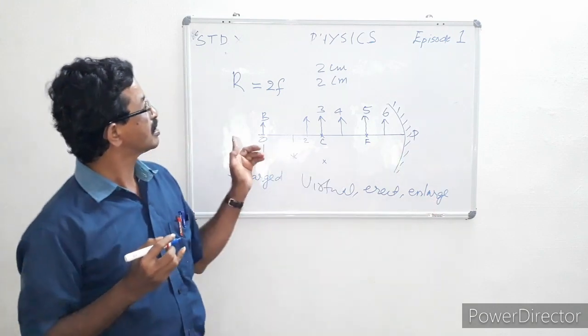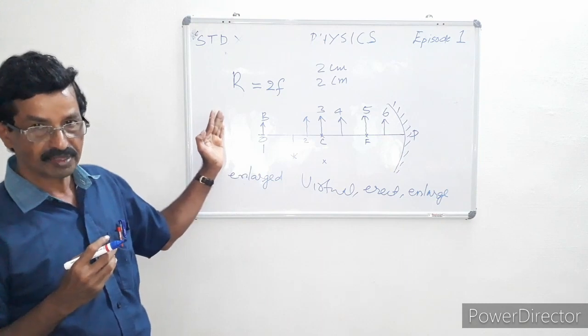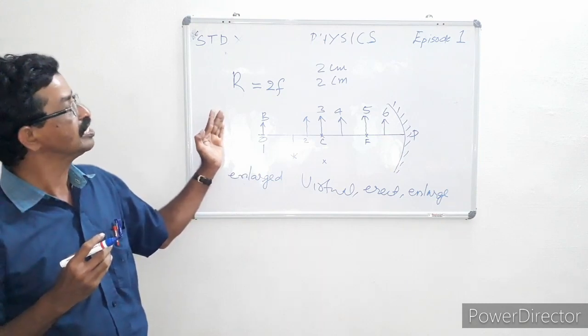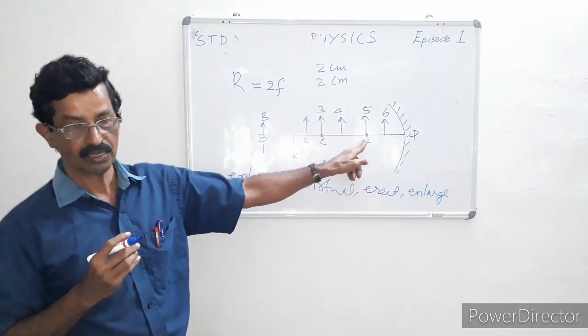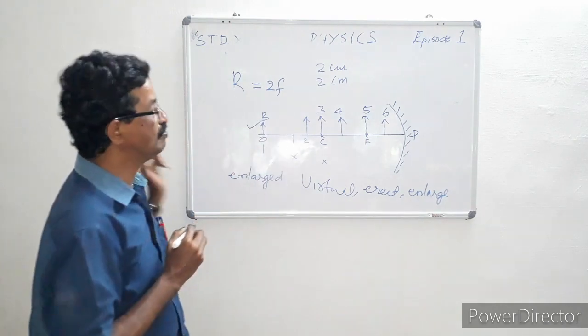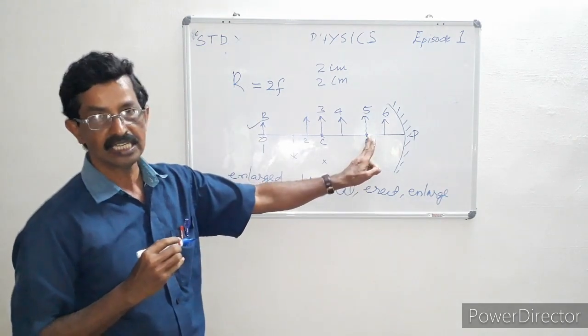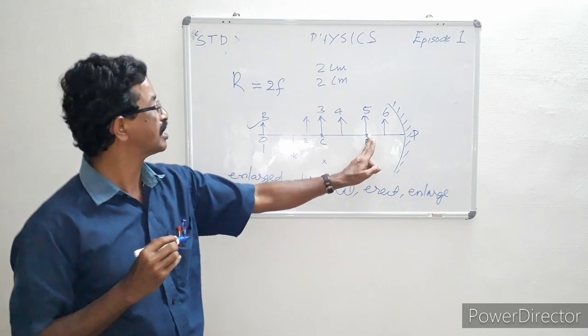Now, we place the object at first at infinity. What is its nature? Image we get at focus when the object is at infinity. First case, object at infinity, image is getting at focus. It is a very small image, real, inverted.